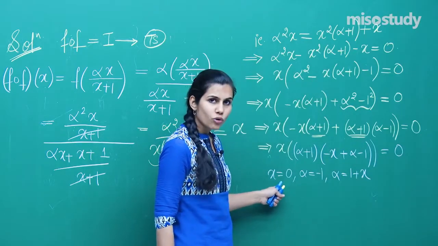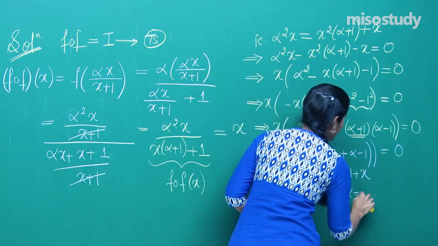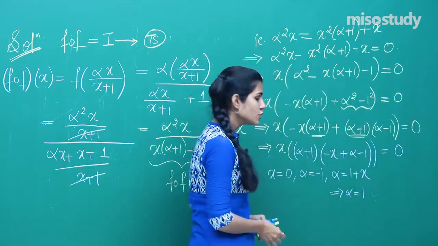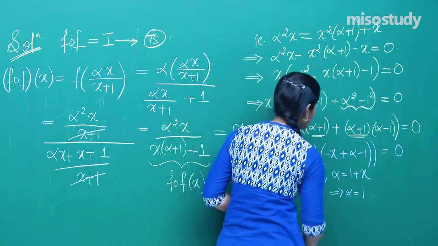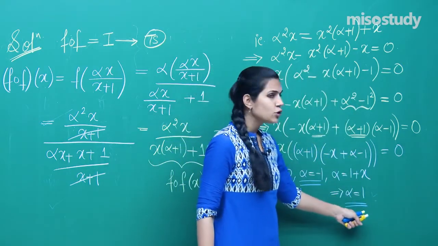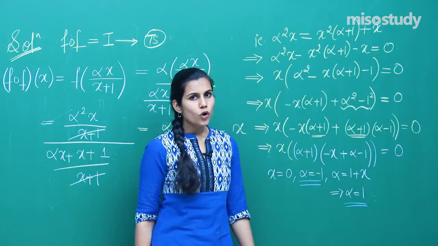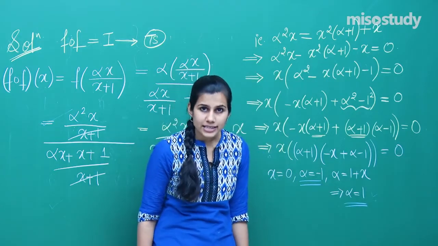If x is 0, this means alpha is 1 plus 0, which is 1. So from here you're getting alpha is minus 1 and alpha is 1. But if you substitute alpha as 1, do you get FOF of x equals x?